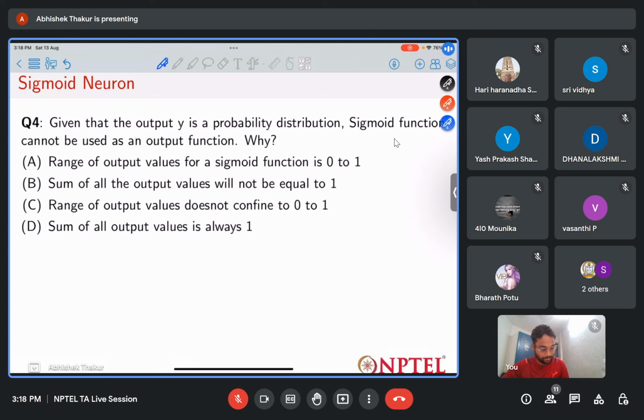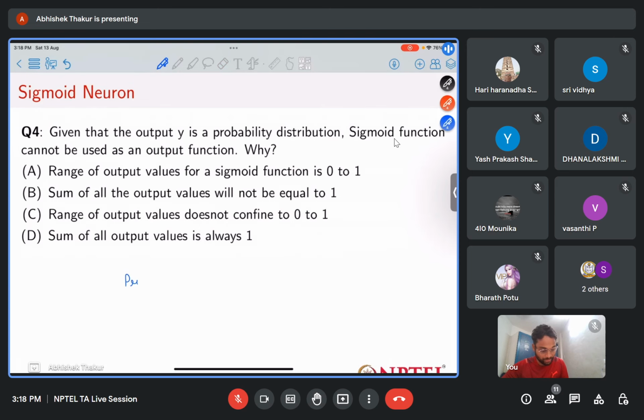So the properties of a probability distribution function are that the summation of yi is equal to 1 and each lies in the range of 0 to 1.